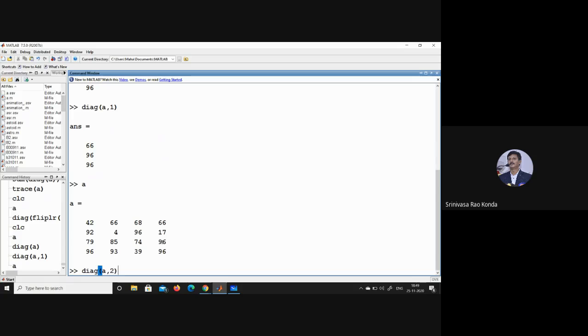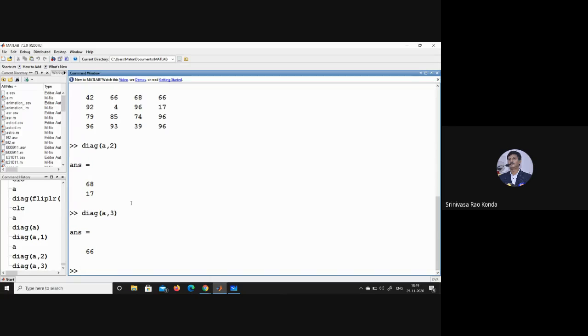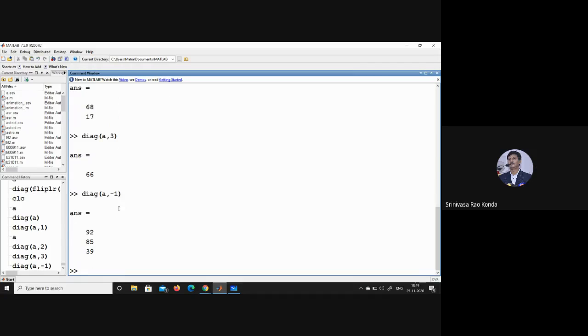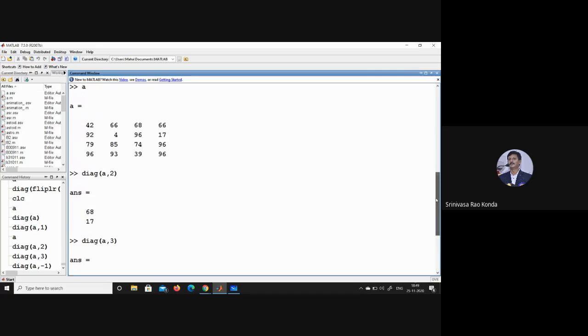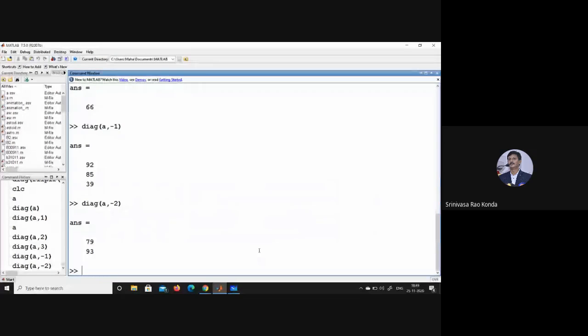That means we will get 68, 77, 70. Suppose if you give a minus value, the elements below the principal diagonal will be displayed. Okay. Similarly, minus 2, minus 3.